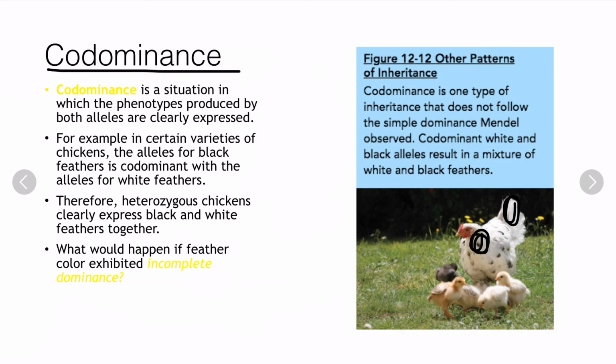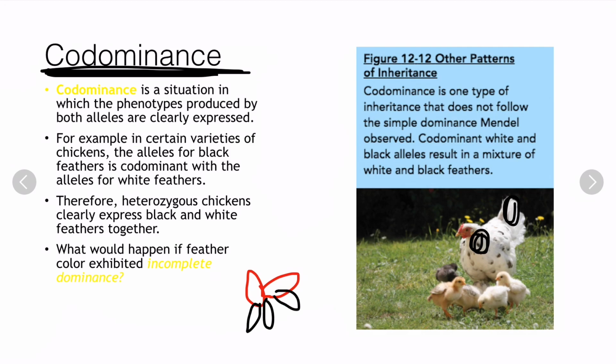If they were incomplete dominant, it would be a blend of black and white, so we'd have a gray chicken. But no, it's codominant. We see both alleles. If the flowers were codominant, then we would have a flower that would have both red petals and white petals. Okay? You see both alleles. You always see both alleles independently.